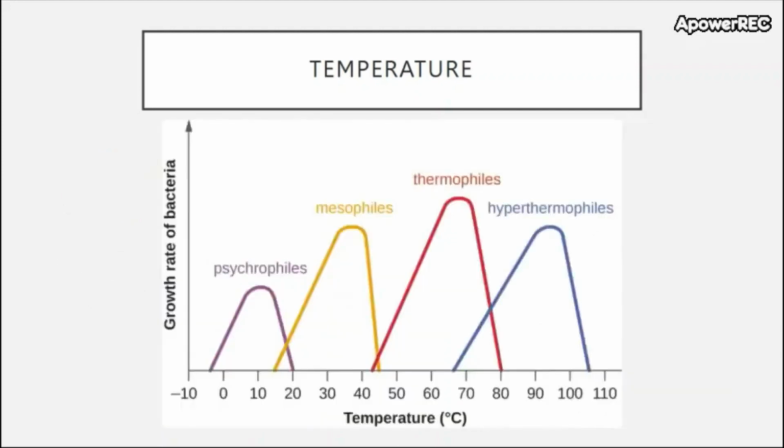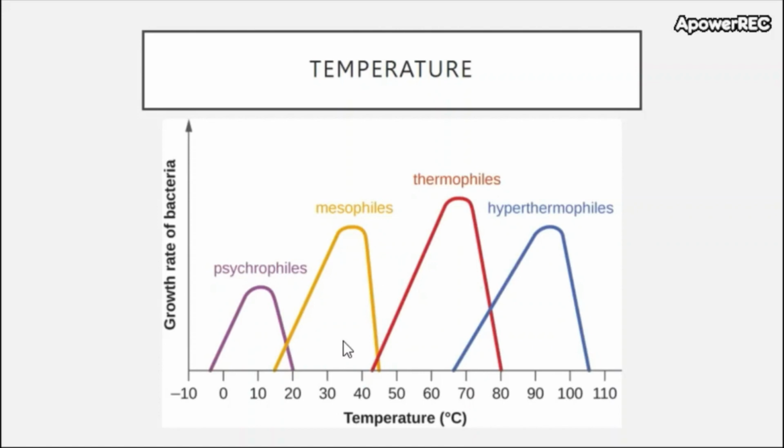So all microbes can be categorized based upon the ranges that they like to live in and their optimums. And scientists can group these into 4 general categories. So we have the psychrophiles, the mesophiles, the thermophiles, and the hyperthermophiles.